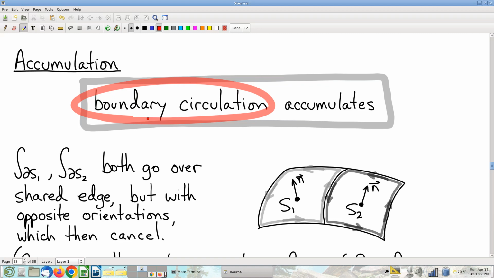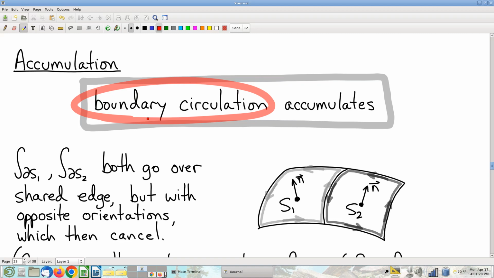Here we're talking about boundary circulation around the boundary of a surface sitting up in space, right? So the curve itself is also a curve in space. So you can think of what we're doing here as developing effectively a kind of a 3-dimensional Green's theorem. A reasonable way to think about it.